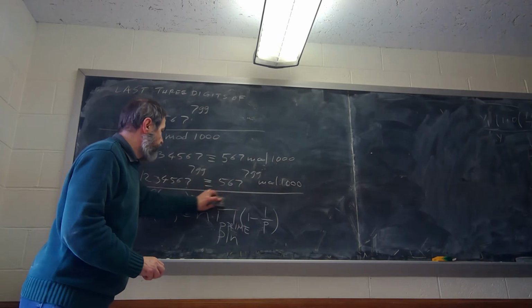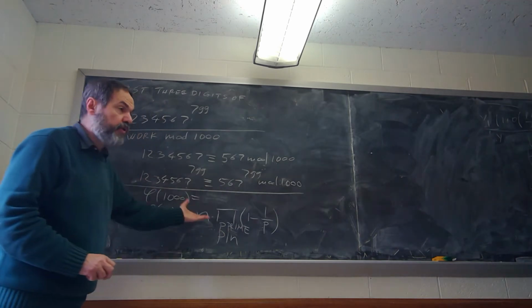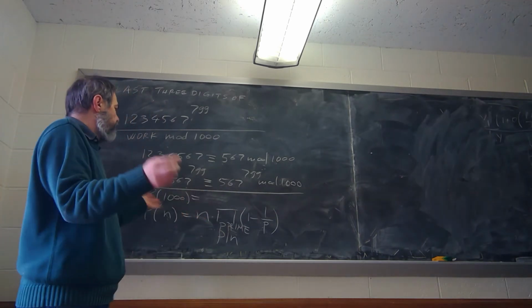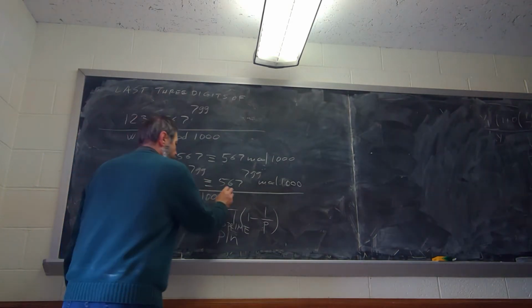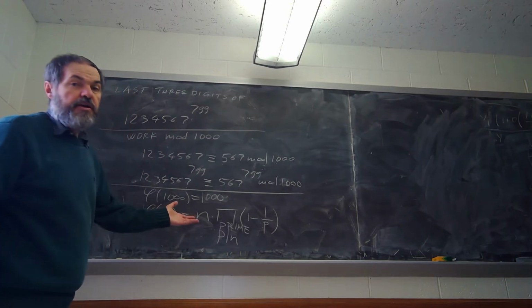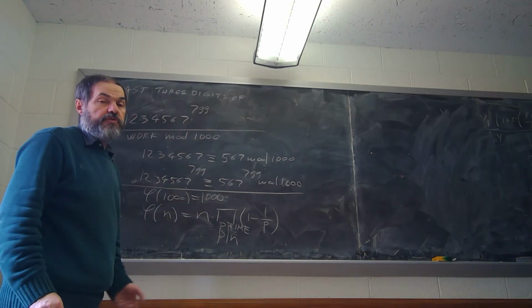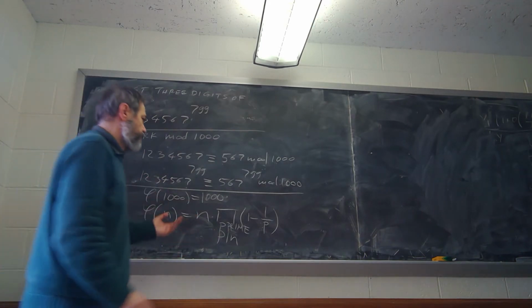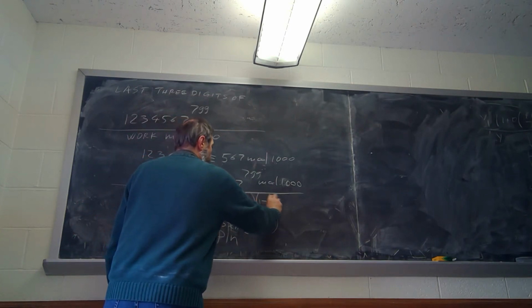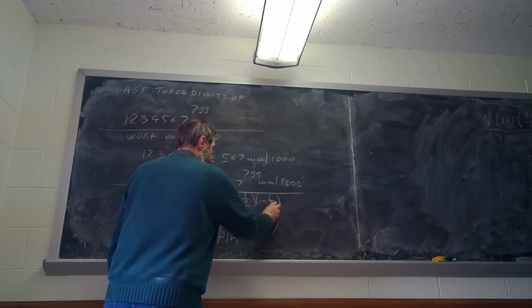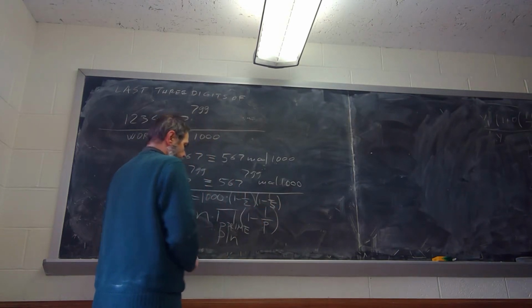I'm going to erase this 400 and compute it by our general formula. We just need to know the general formula. It's 1,000. And then there are only two prime numbers that divide 1,000. One is 2, the other is 5. 1 minus 1 over 2, 1 minus 1 over 5.